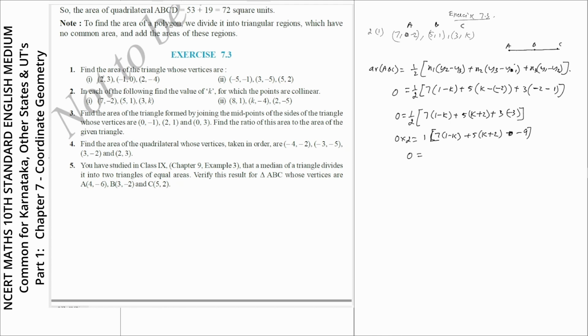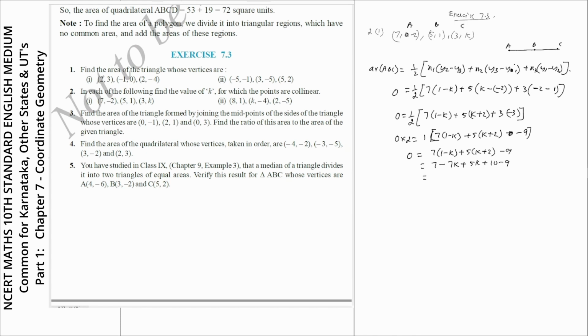Okay, so 0 into 2 is 0 only. Now 1 into this thing is the same thing, so I'll get 7 into 1 minus k plus 5 into k plus 2 minus 9. So now open the bracket, so 7 into 1 is 7, minus 7 into k is 7k, plus 5 into k is 5k, plus 5 2s are 10, minus 9.